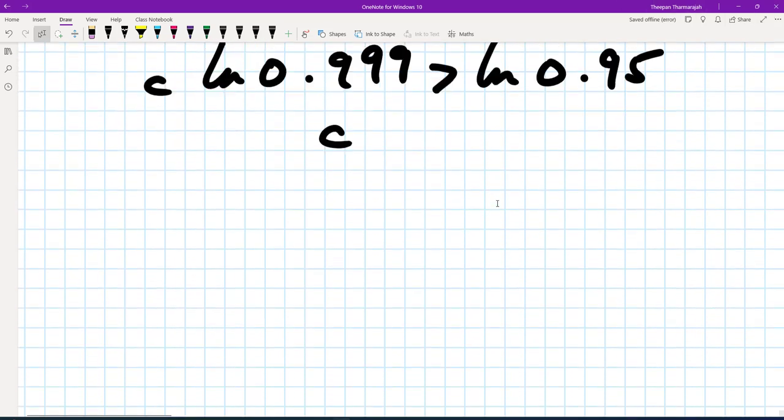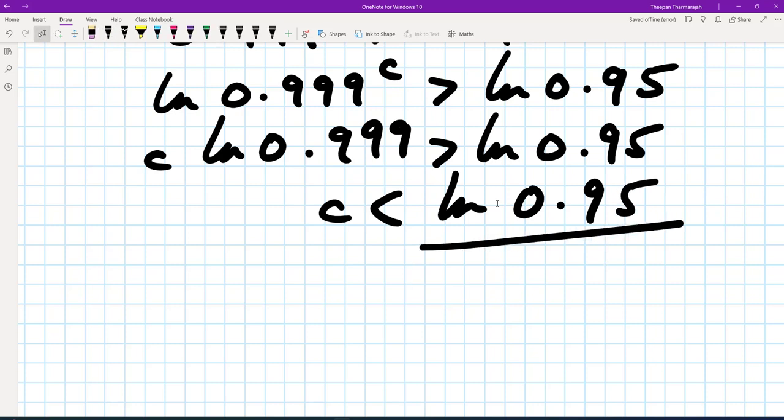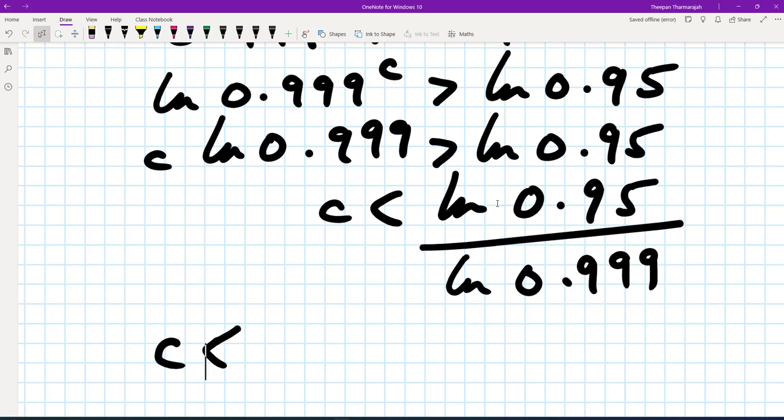So c is strictly less than ln 0.95 over ln 0.999.